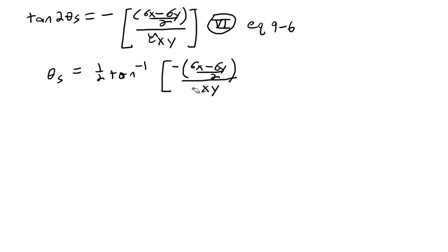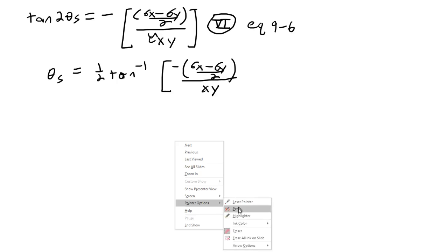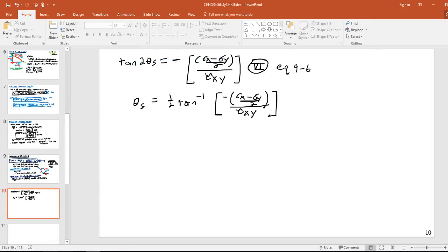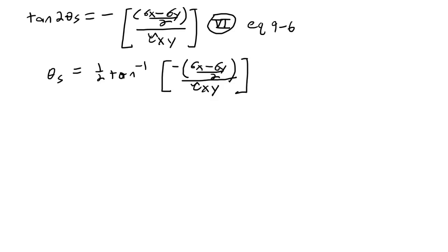And that's a very mutated tau, so I'm going to fix that. Over tau xy. And let me make sure we're still recording. Yes, indeed we are. This lecture is going to go very long, but that's okay.